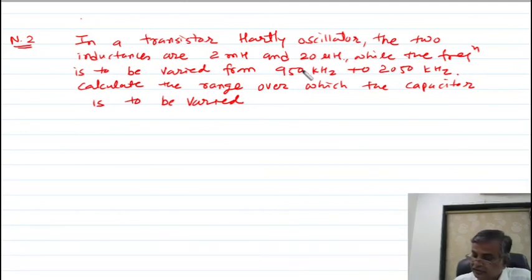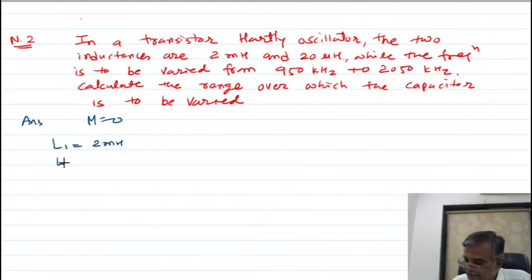Look here, they have not mentioned the mutual inductance. If they have not mentioned it, then I will take it as 0. So let us write the data they have given. L1 is equal to 2 millihenry. L2 is 20 microhenry.